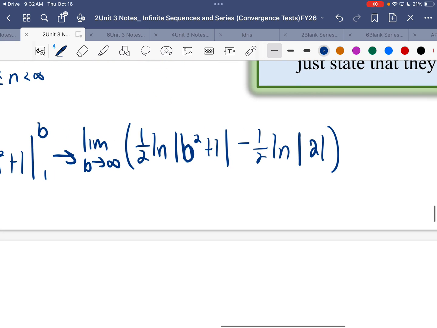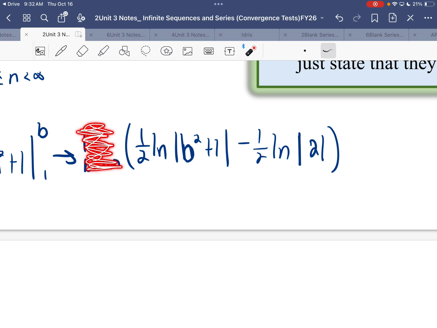But if you don't have a limit right here, and then all of a sudden you have ln infinity, you have a linkage error. I don't know how you went from this expression with 1/2 ln b squared, blah, blah, blah, to having an infinity involved in the problem. Without the limit going to infinity, evaluating at infinity does not make sense. Because where is infinity being plugged into?